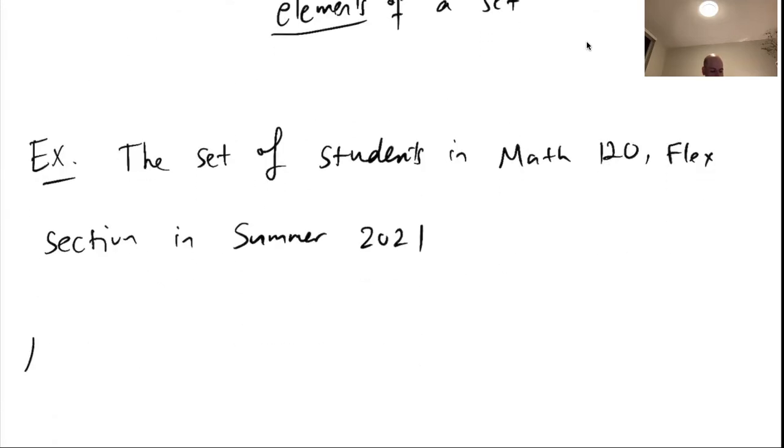So I can say, for example, capital A equals, and then I can write down the names of students in our class. Let's say student 1, student 2, student 3, and I separate them with a comma, right? And I can include all the students here.